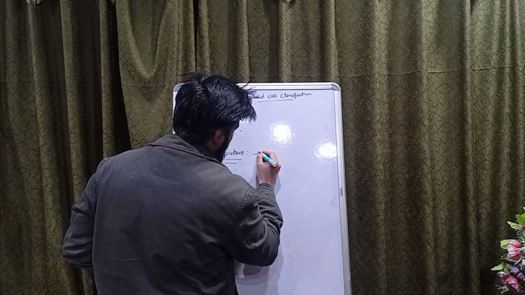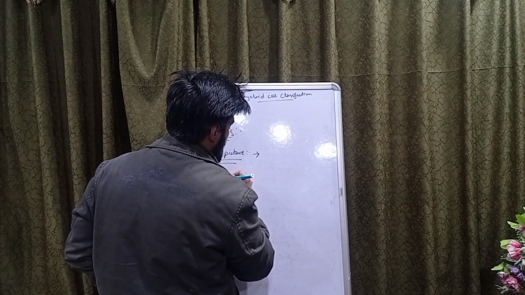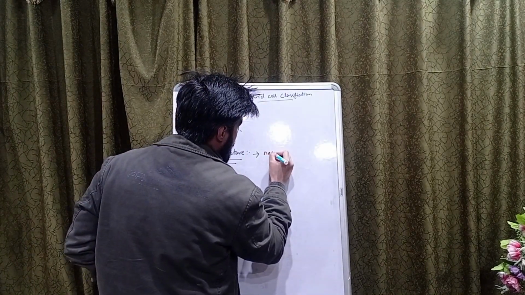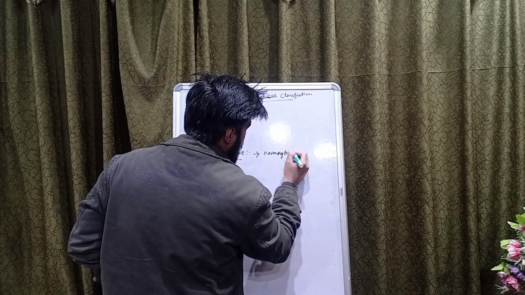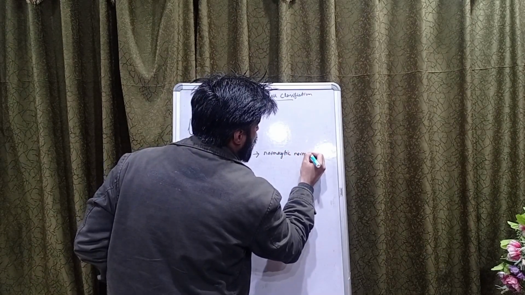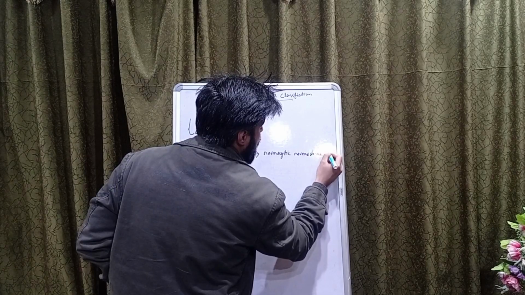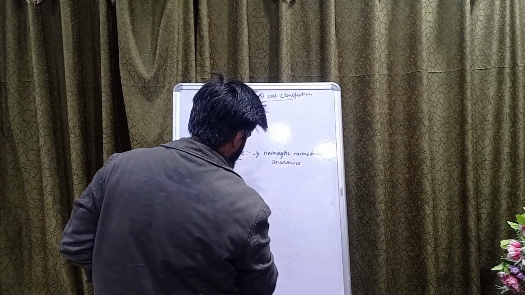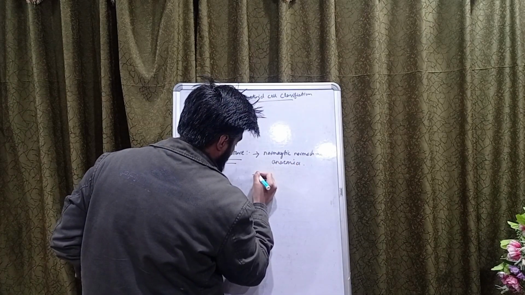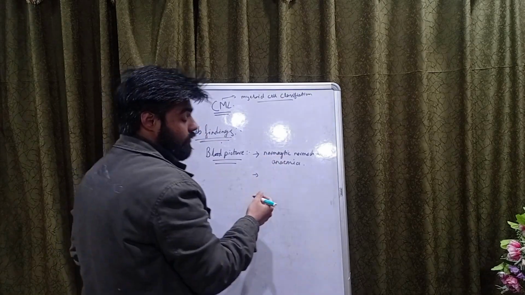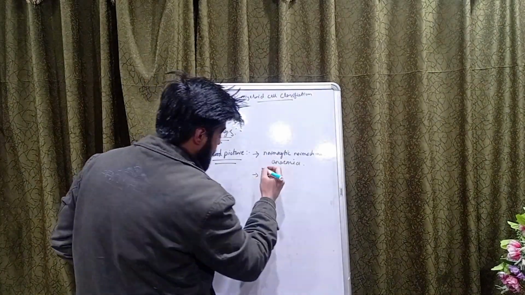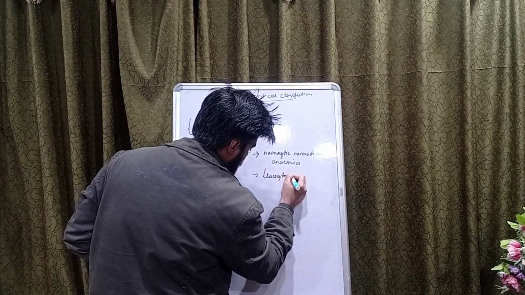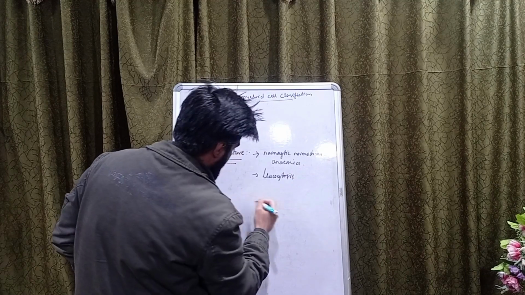First of all it will show anemia. But what sort of anemia? It will show normocytic, normochromic anemia. Next, we'll see what will happen to WBCs. There will be leukocytosis, an increase in WBCs.